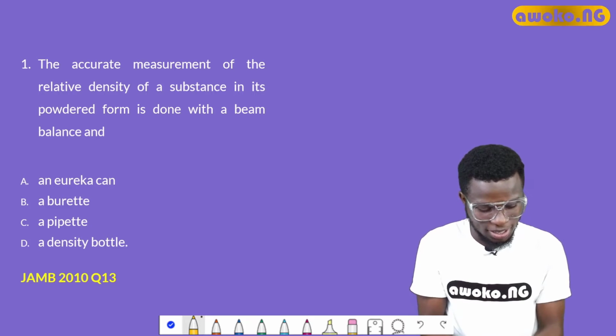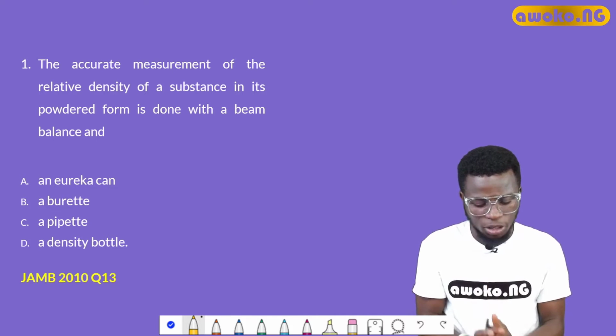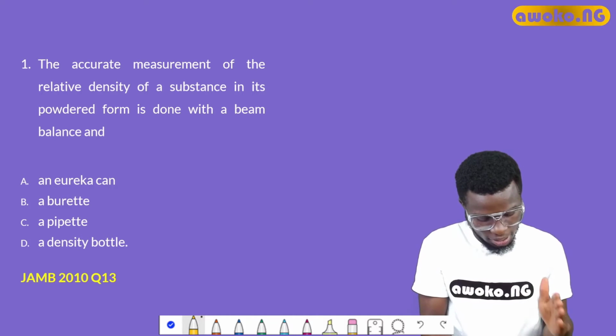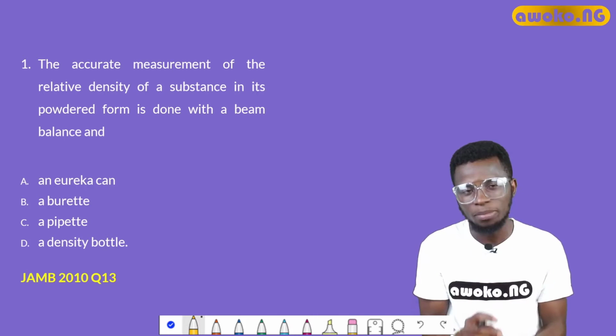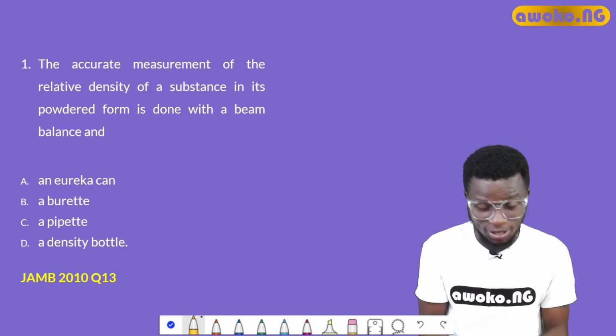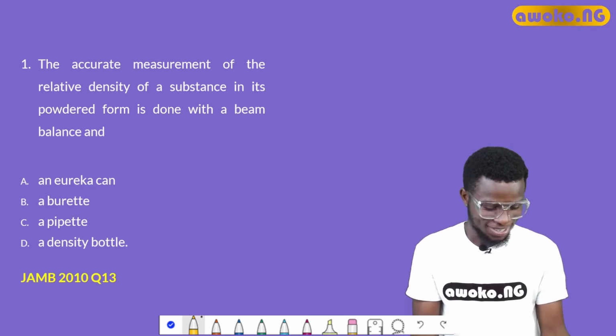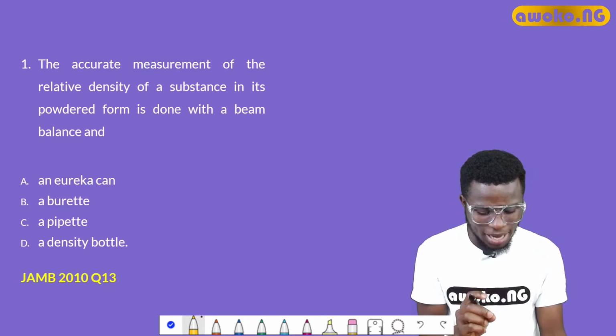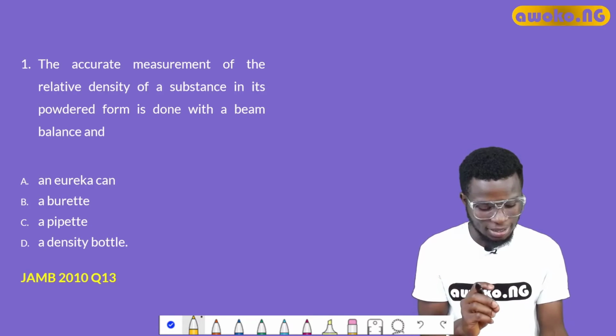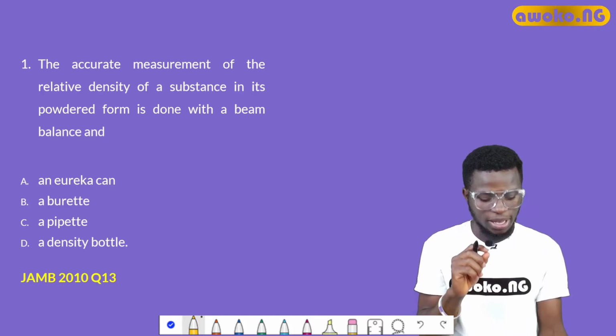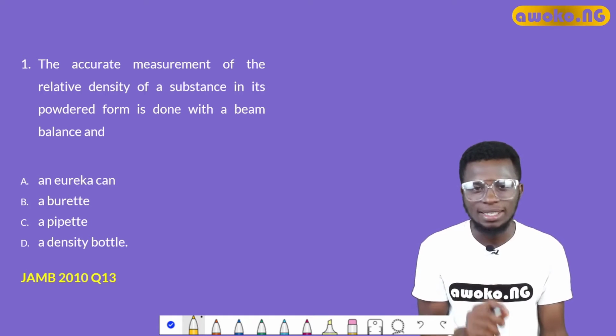The question states, this is a question on measurement, and it could be found in JAMB 2010 question 13: the accurate measurement of relative density of a substance in its powdered form is done with a beam balance and dash.